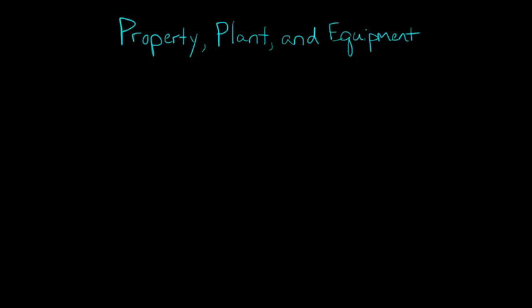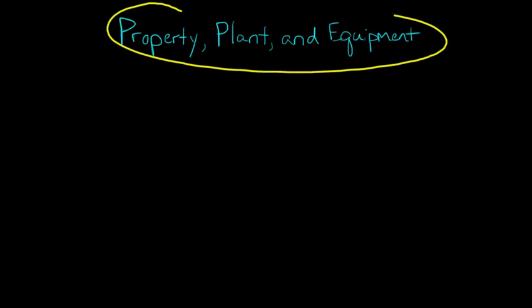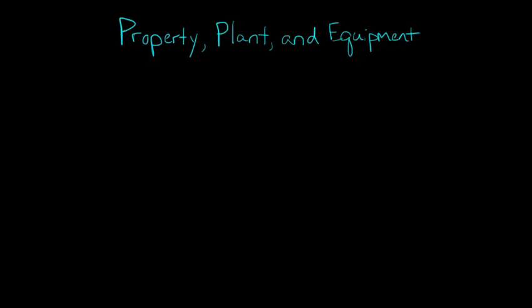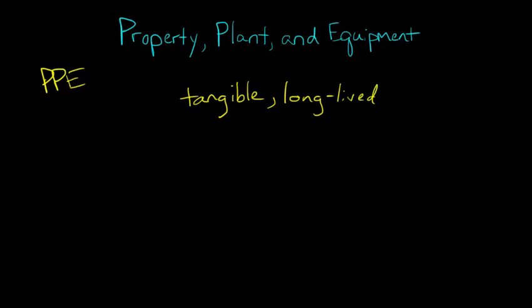For some firms, when you look at their balance sheet in the assets section, there's one number that really stands out, and that's the property, plant, and equipment, which is sometimes abbreviated as PPE or PP&E. Basically, what we're talking about with PPE is tangible assets with a long life that are used in the main core business operations.